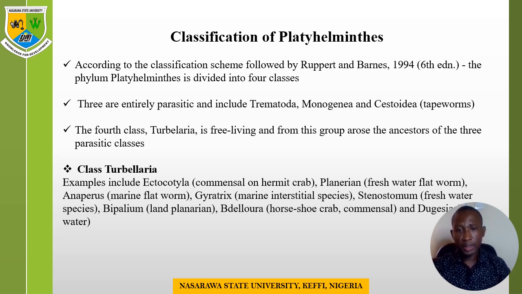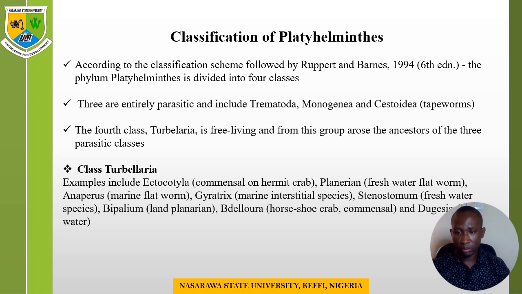We're going to look at each of the classes, and then look at the organisms under each class. For example, under the class Turbellaria, we have Ectocotyla, which is a commensal. Commensal means that they live in the host but do not cause serious harm to the host.